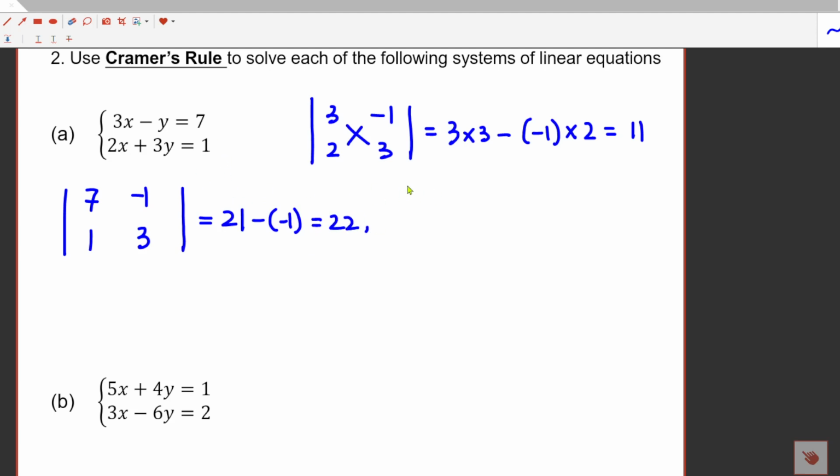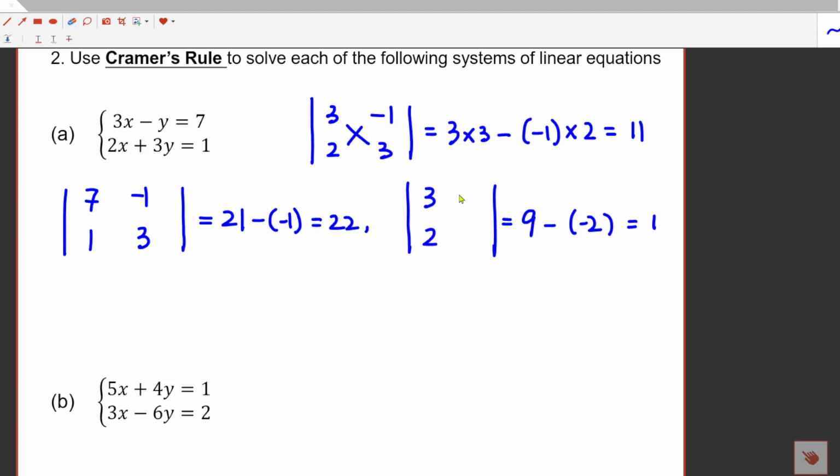And in order to have y, we need to find another determinant. This time we keep the first column unchanged, 3 and 2, and replace the second column with the constants here. Sorry, there's a typo here.